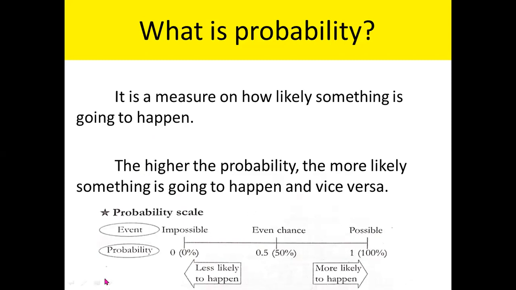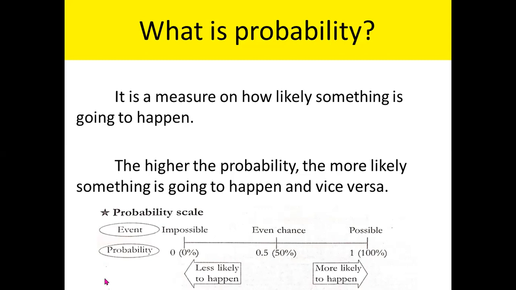You have on your screen a probability scale from 0%, or impossible, to 100%, where it is certain to happen. Now, for example, the event: the sun will rise on the west.